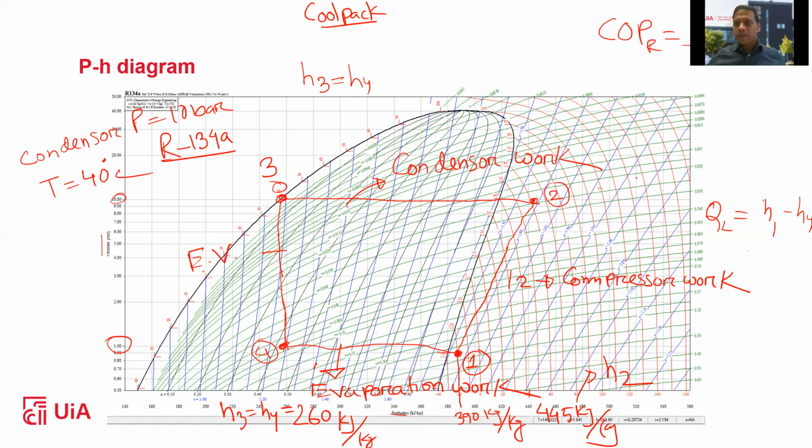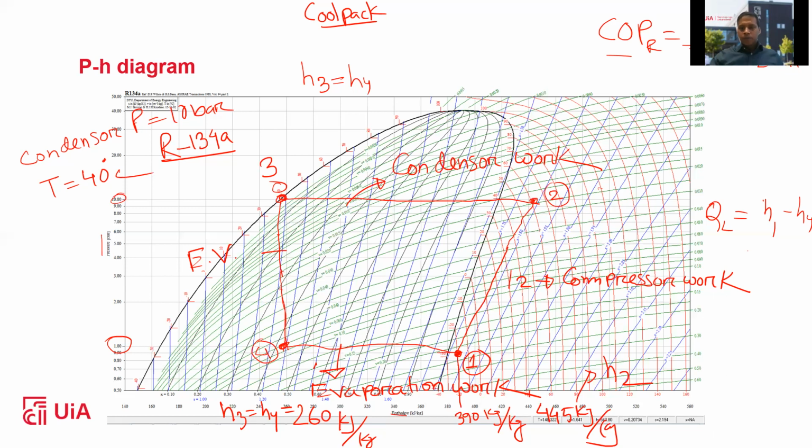In this case it is the W net. Then this QL is equal to H1 minus H4, and the W net is equal to H2 minus H1. Then you can define the coefficient of performance for the refrigeration cycle.